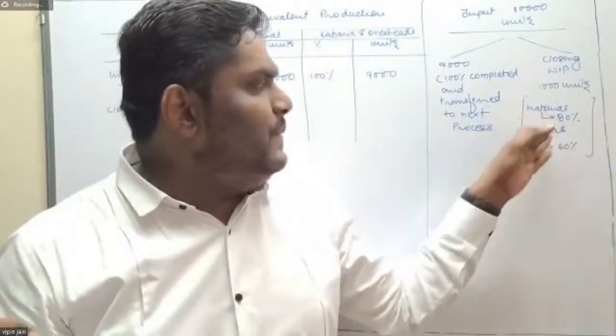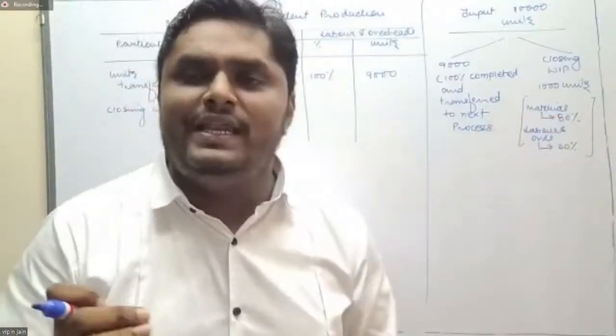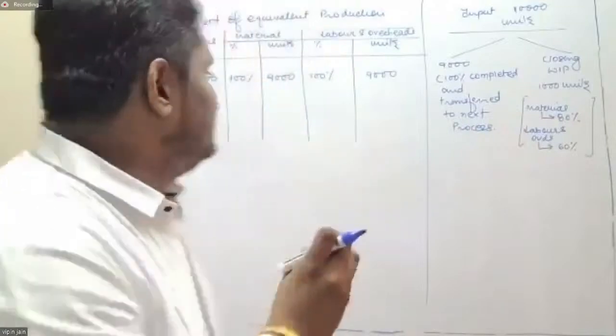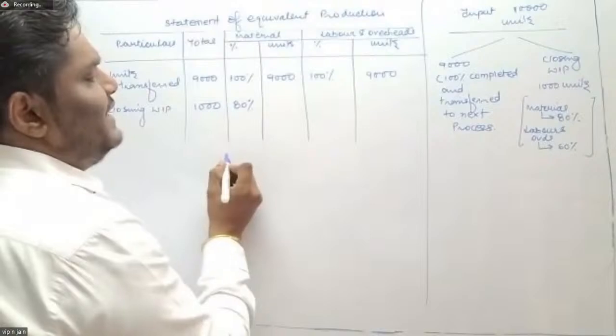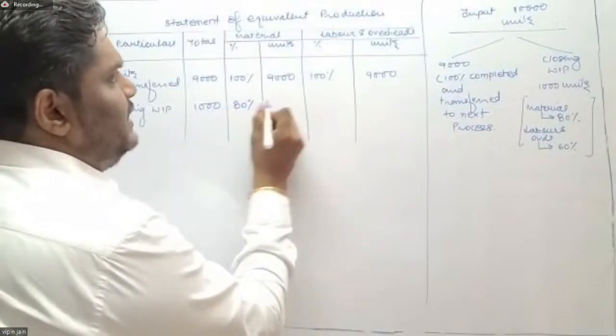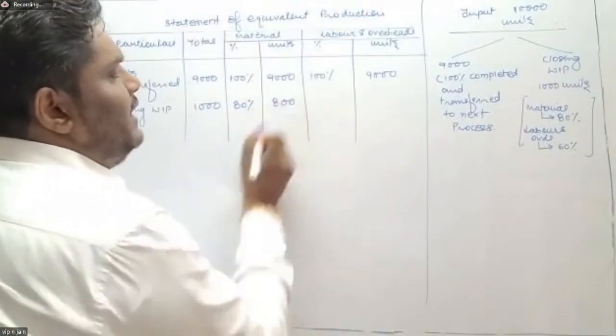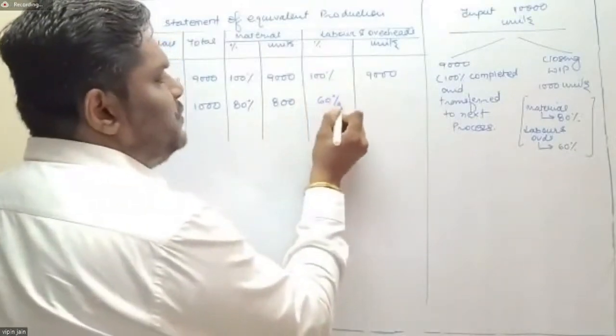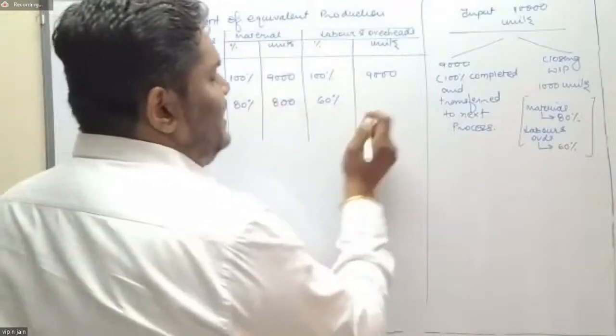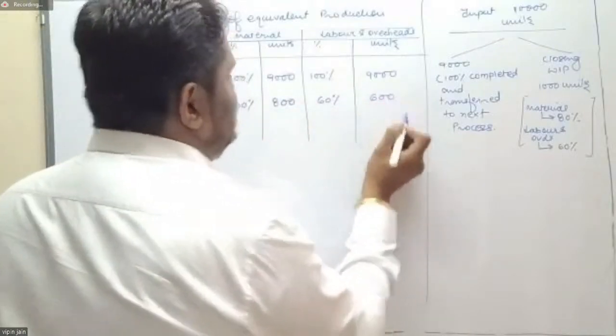These units are semi-processed, and as far as material is concerned, they are only 80% processed. So this will be 1,000 into 80%, that is 800. As far as labor and overheads are concerned, they are processed only up to 60%. So 1,000 into 60%, that will be 600.